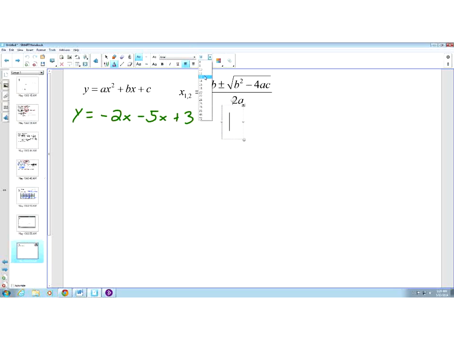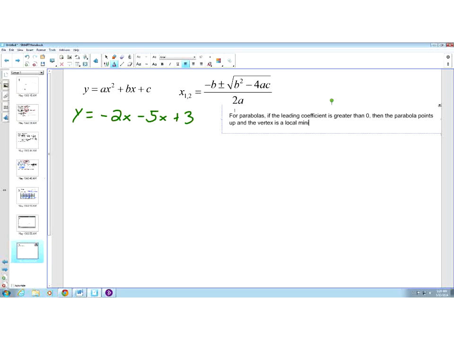I'll write this down, for parabolas, if the leading coefficient is greater than 0, then the parabola points up and the vertex is a local minimum.